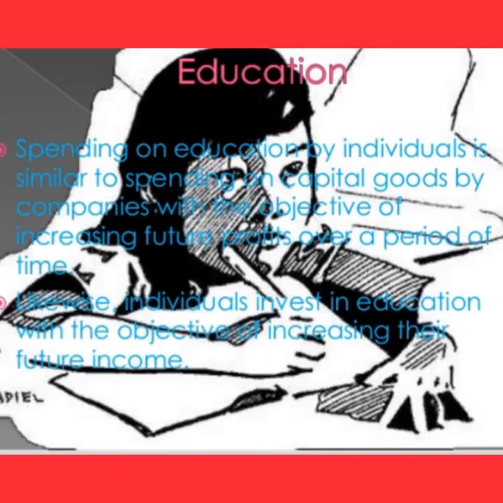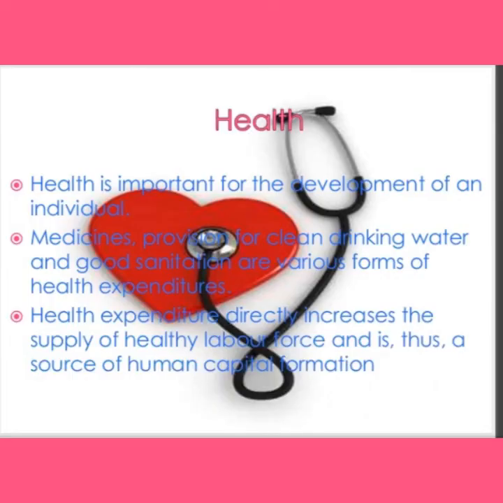So, in all these ways, children, we can see the slide which explains education, which is the first source. That is, spending on education by individuals is similar to spending on capital goods by companies, with the objective of increasing future profit over a period of time. So this is also a type of investment.